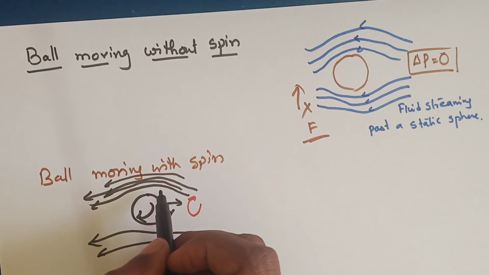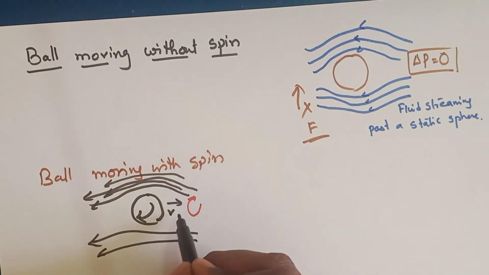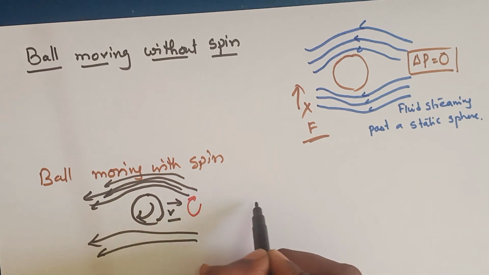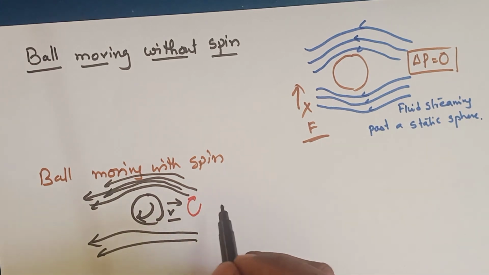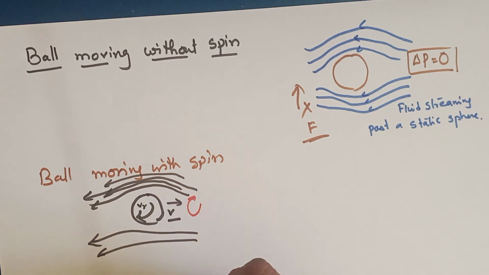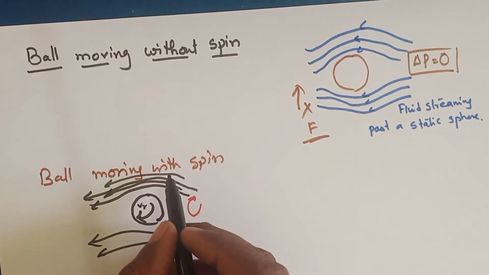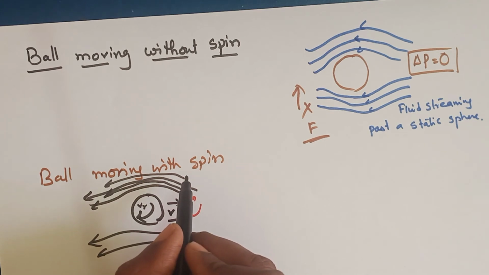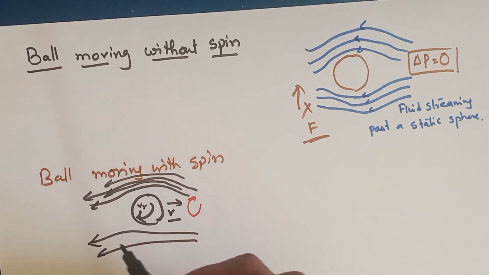The streamlines of air around a ball moving with velocity v to the right, and we are spinning it. At the same time, the ball is moving forward relative to the air, where the air is actually moving backwards.